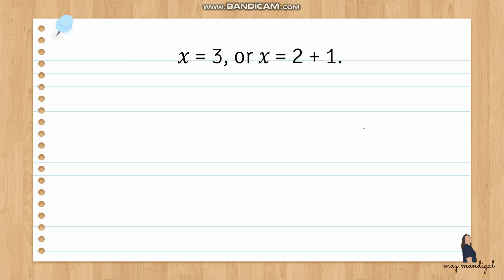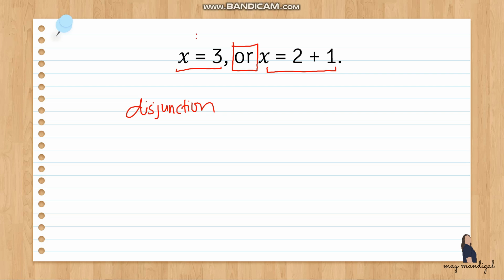And lastly, x equals 3 or x is equal to 2 plus 1. So as you can see, there are two simple propositions, x equals 3. We also have x equals 2 plus 1. And then there is the connective or. So this one is under disjunction.